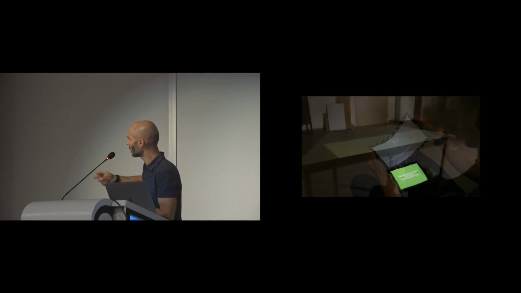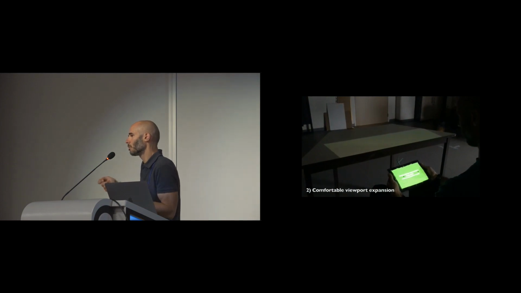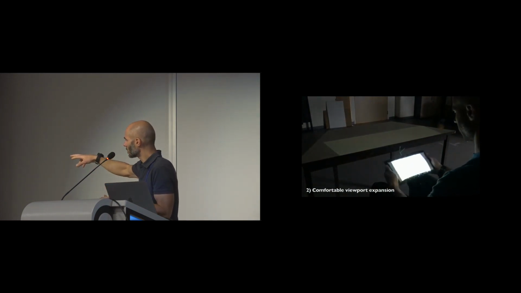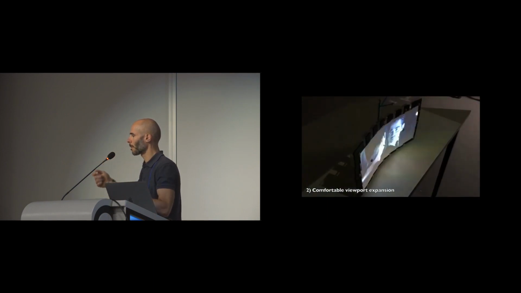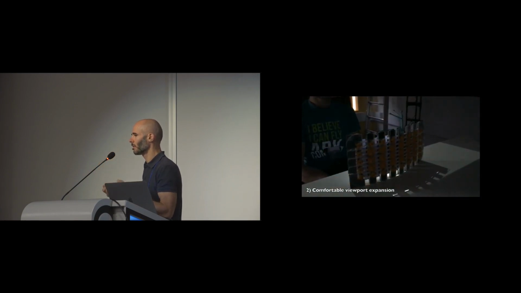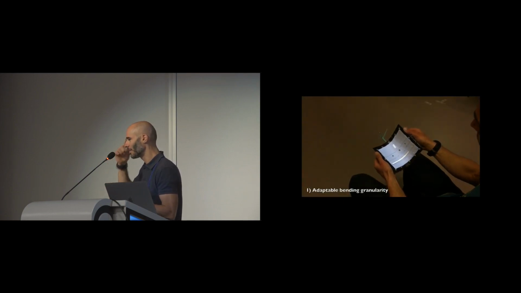For example, here, according to the expansion, the resolution is different. But as you can see, the image is always the same. We do not modify the image itself. We use it as input interaction. We also thought about changing the image, but I have an example in mind that I cannot tell you because it's submitted to CHI.